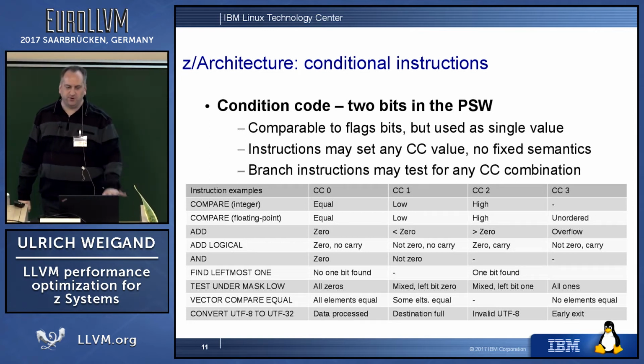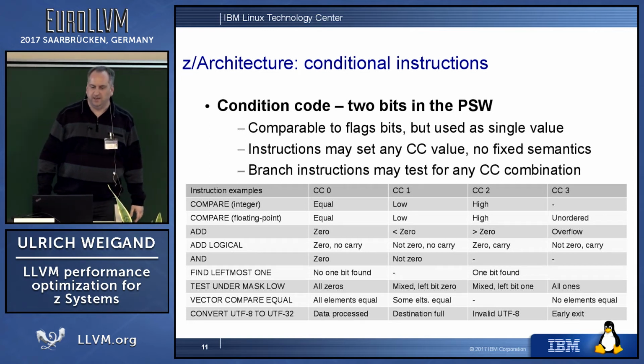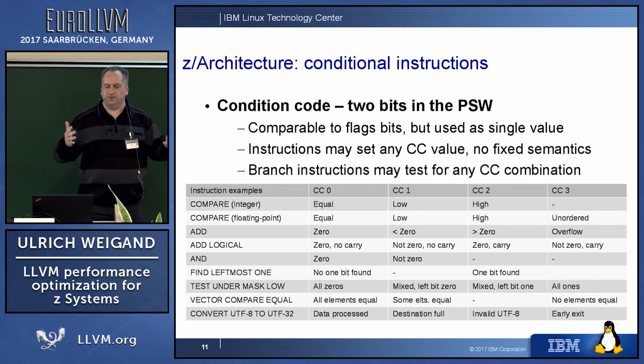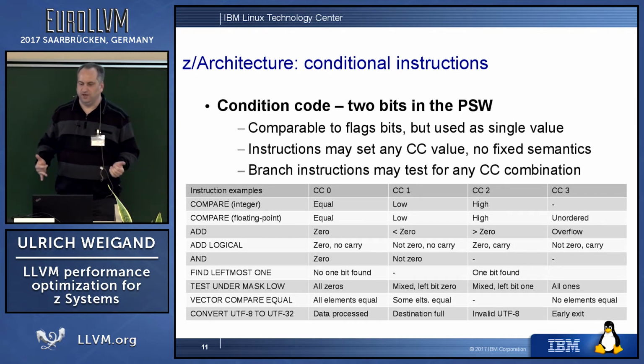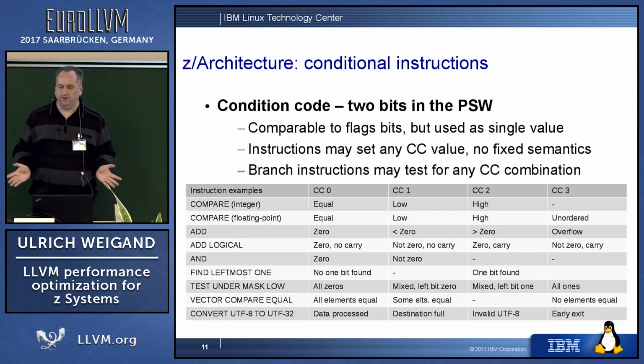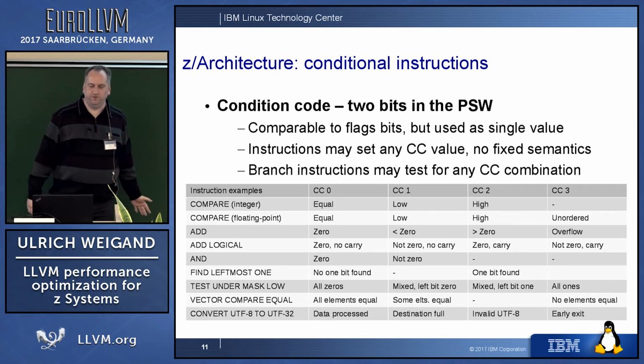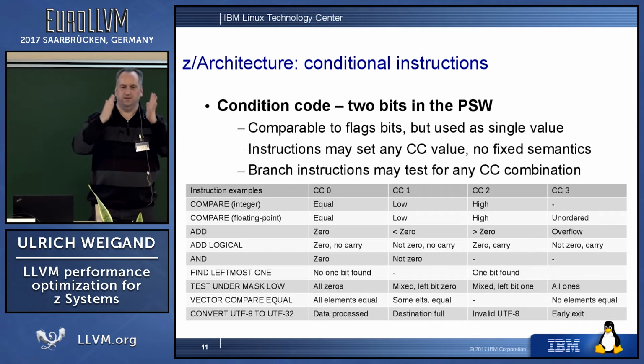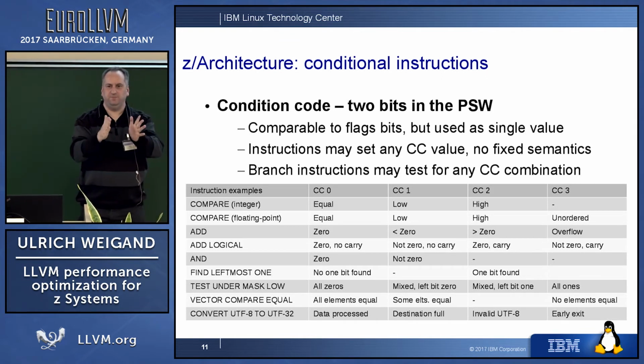And so on. I'm not going through all those details, just to point out that there are many instructions that set this condition code in many interesting flavors, some of which the compiler doesn't really have to care about, but some of which would be really useful for the compiler, like the test under mask, where you can say, here's a bit mask, test my register against that bit mask, and tell me if all the bits I selected are 0, or if they're all 1, or if they are mixed, but the first one was a 1, or they're mixed, but the first one was a 0, right?